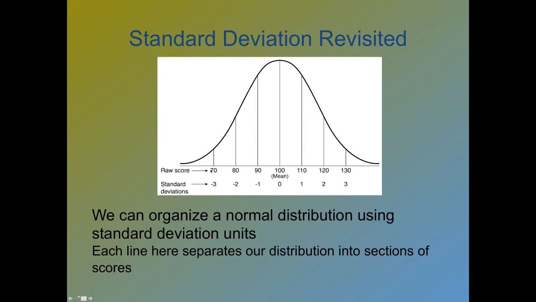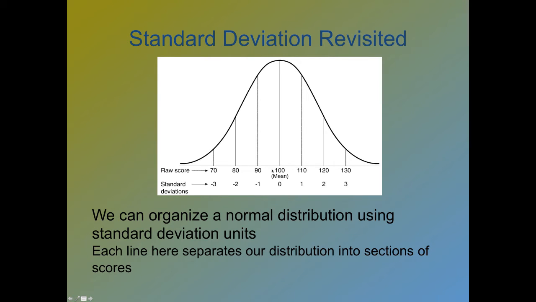We can start measuring things in the form of standard deviations. So the mean is going to become a 0, and then 110 is going to be 1. Let's say the standard deviation in this case is 10. So 110 is one standard deviation to the positive side, 120 is two standard deviations away from the mean, and 130 is three standard deviations away from the mean on the positive side.